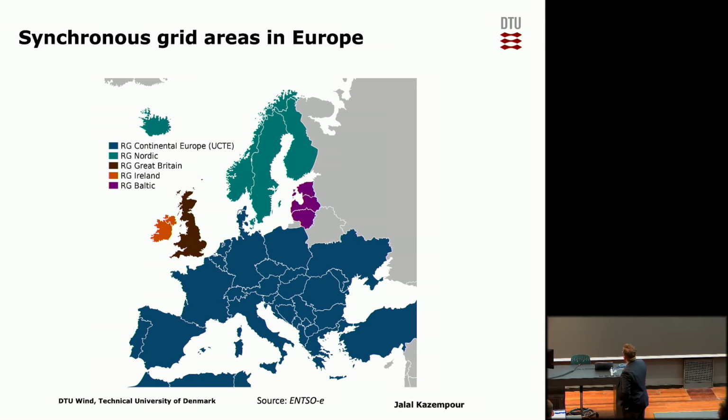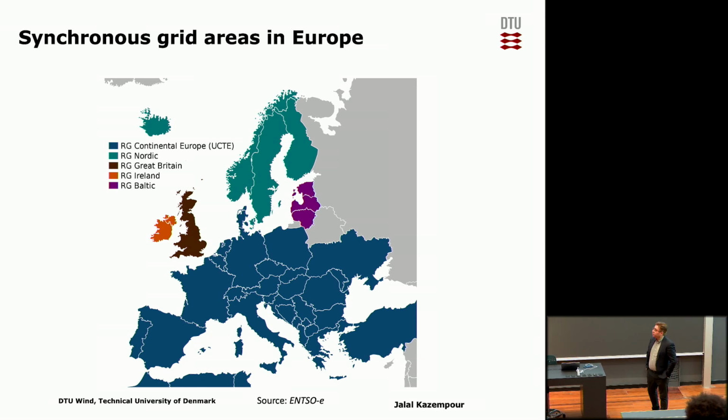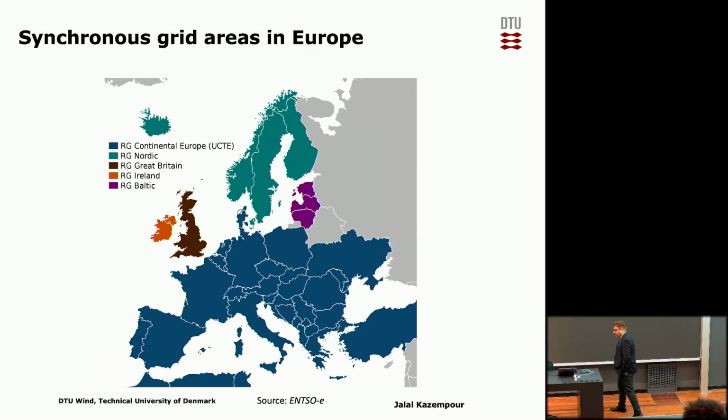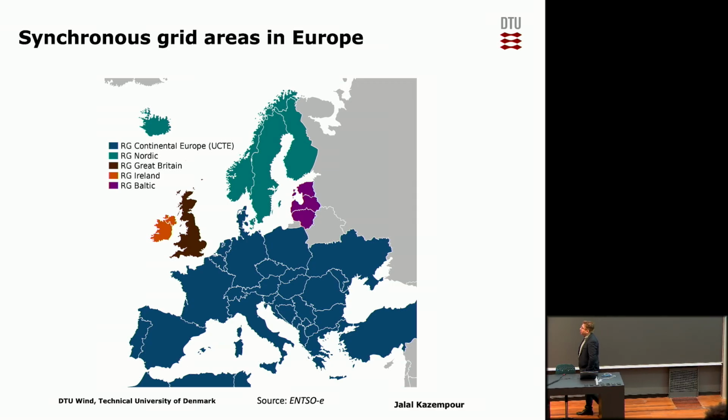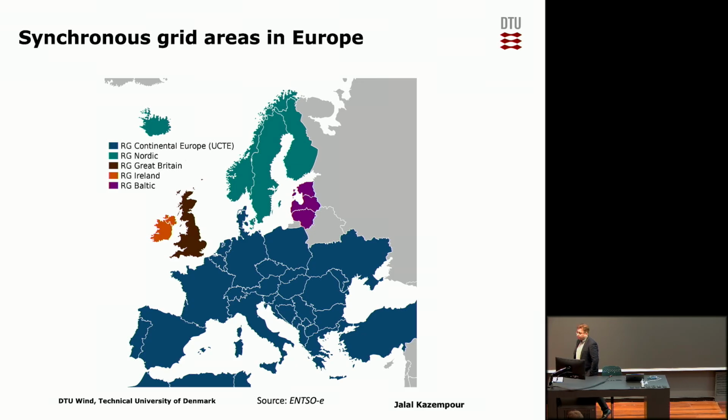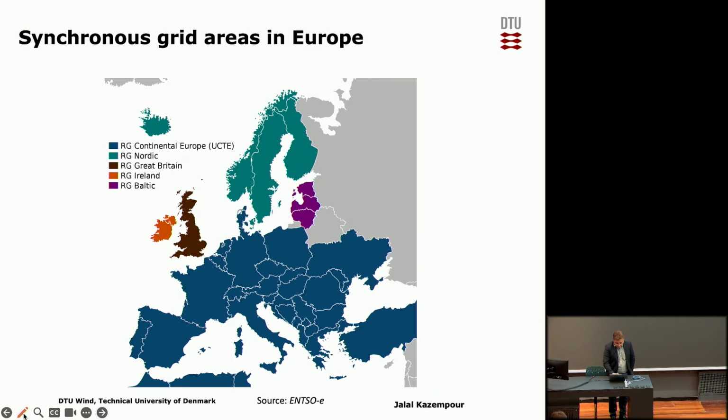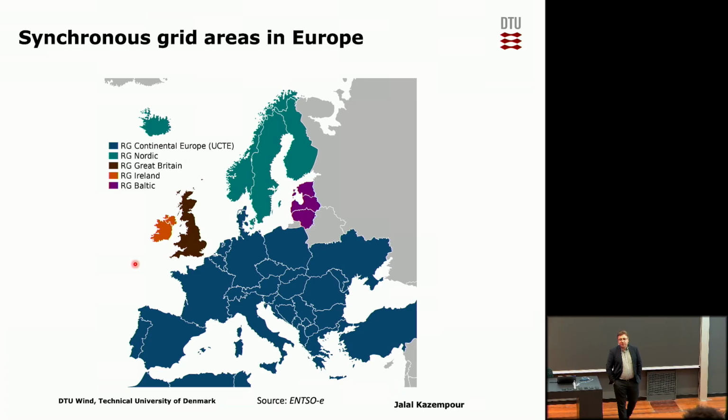And you see that part of Denmark, DK1, is part of continental Europe. Then the green one is the Nordic synchronous area, and part of Denmark, DK2, is part of the Nordic area. And then we have areas for UK and Ireland.